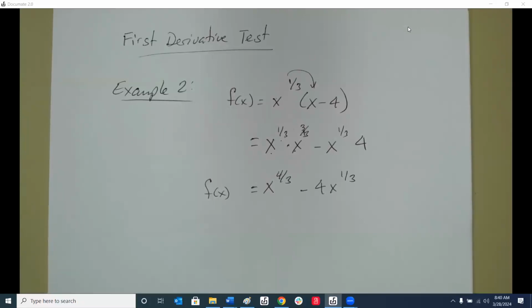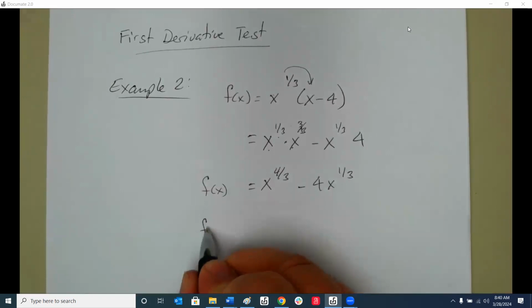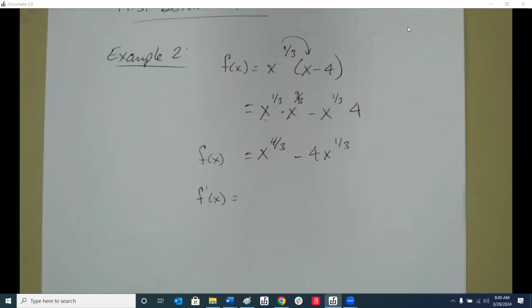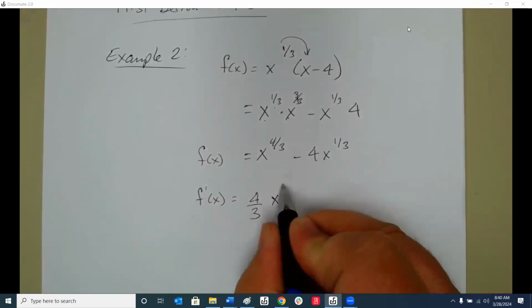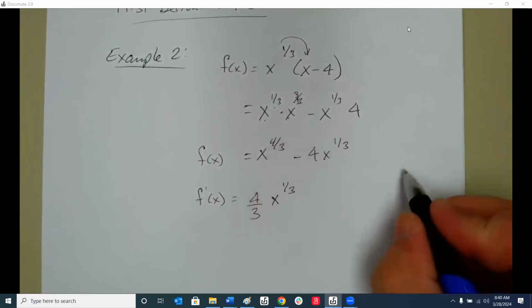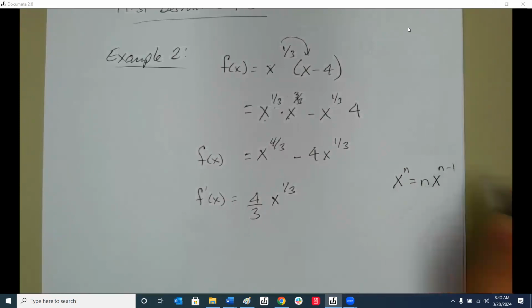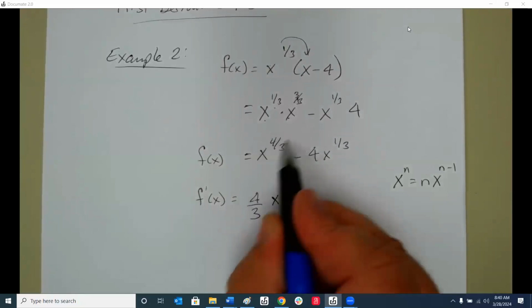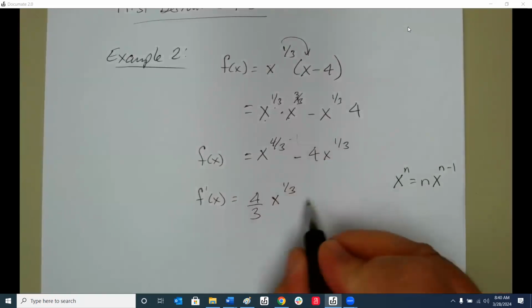The reason this would be easier is because now we can take the derivative of each of these separately. I don't have to do a product rule or a quotient rule or anything like that. So the derivative is equal to 4/3 x to the power 1/3. Remember, the rule is this. For derivatives, bring the power down, subtract 1, which is 4 over 3 minus 3 over 3, which is 1.